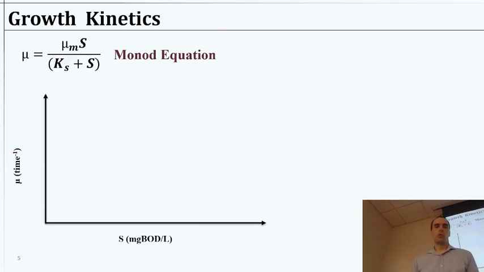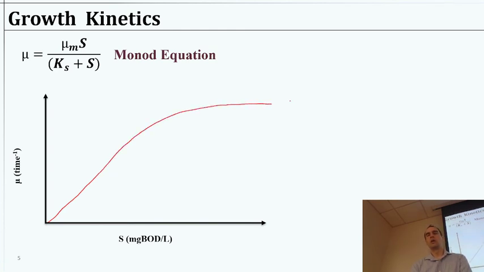Okay, so with those in mind, let's take a look at how that specific growth rate coefficient would change with food. As you add food, it's typically going to be going up, and then eventually it will level off and you'll reach your mu max.